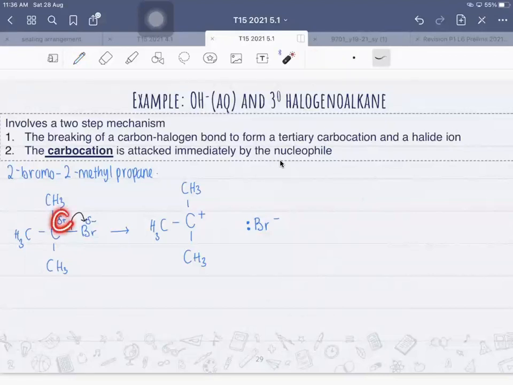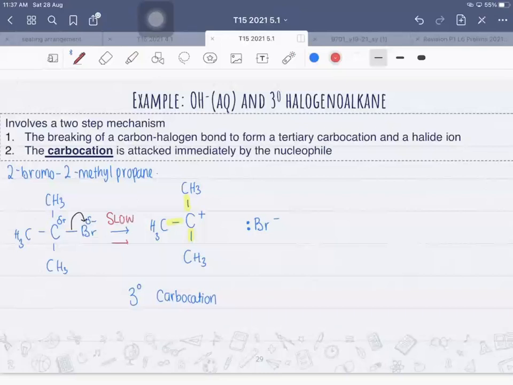So it goes from slightly positive to fully positive. And this is called a carbocation, if you still remember from the previous topic, and specifically it is the tertiary carbocation because it is attached to 3 alkyl groups, and the alkyl groups are just 3 methyls. This first step is called the rate determining step, or we say that it is the slow step.